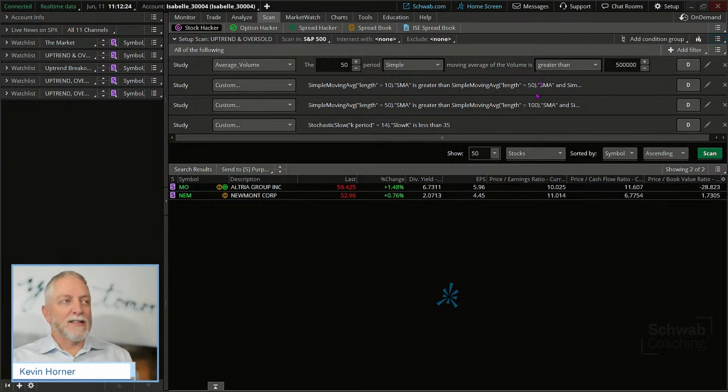Similarly, we are going to show stocks whose simple moving average at the 50 period level is above the 100 period simple moving average. And lastly, we're looking for stocks whose slow stochastics, or slow K, is less than 35. Okay, so that implies that we are in, from the stochastic viewpoint at least, an oversold condition.